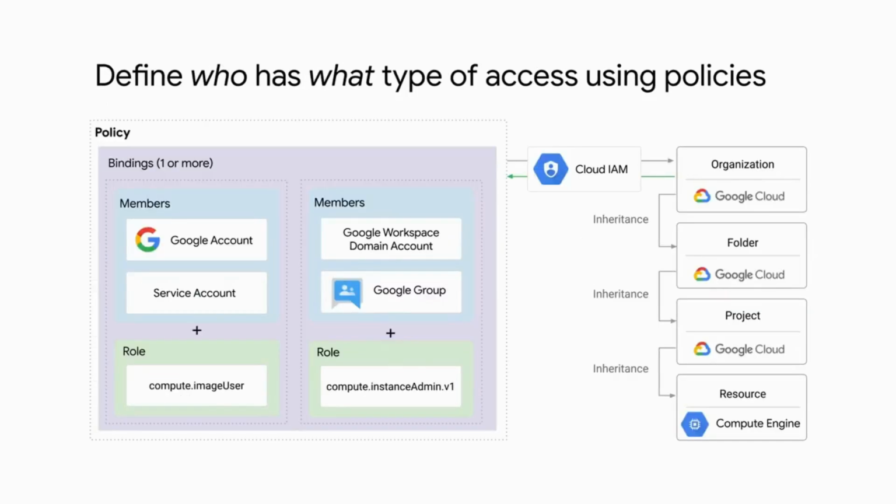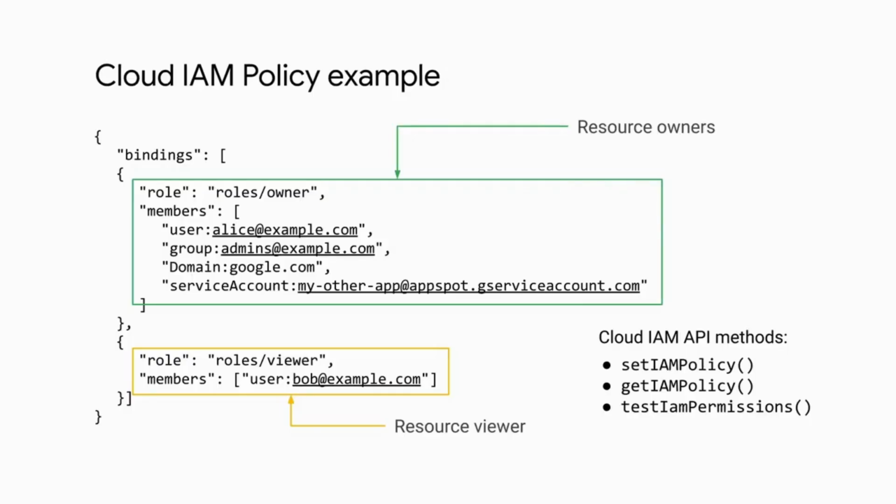A policy is attached to a resource and is used to enforce access control whenever that resource is accessed. A Cloud IAM policy is represented by the policy object. A policy consists of a list of bindings. A binding binds a list of members to a role.